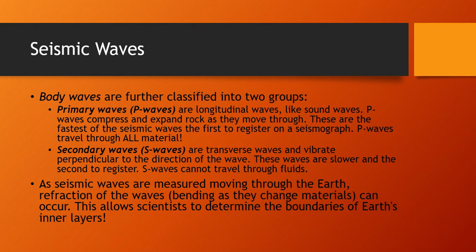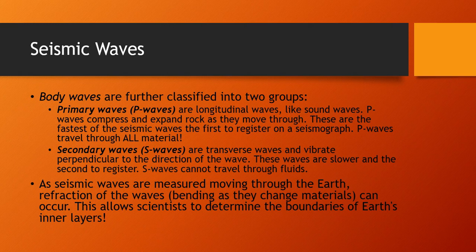But this is the way that it's done. It's done by just measuring these waves and determining where they change. So that would tell you where the boundaries are and what substances they go through and which ones they don't. And so that tells you where the solids and the liquids are. So body waves are really what we use to measure the internal structure of the Earth.